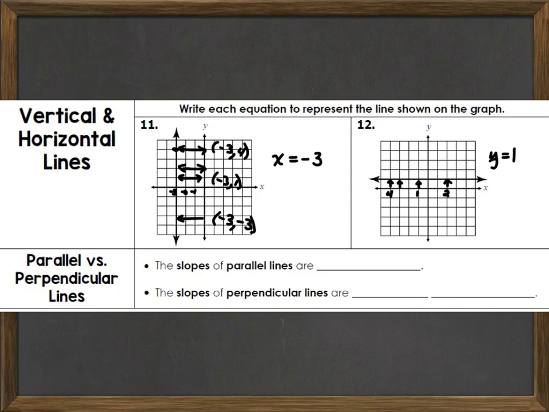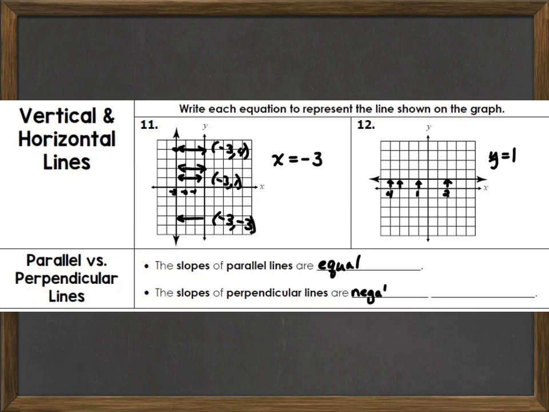Parallel and perpendicular, you may have not talked about a whole lot in Algebra 1, but you might remember. You probably, if you're from geometry, you talked about them. The slopes of parallel lines are equal. They're the same. The slopes of perpendicular lines are negative reciprocals, or opposite reciprocals, some people say.